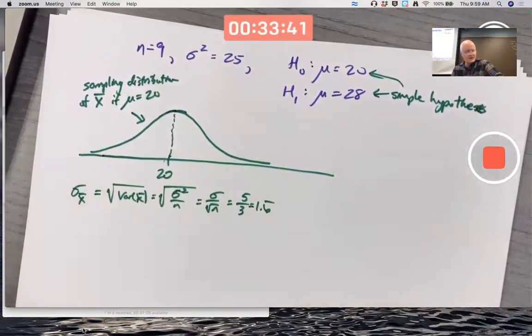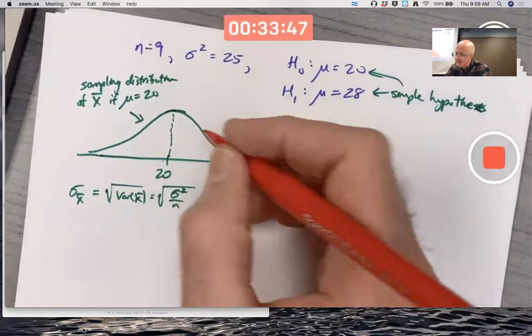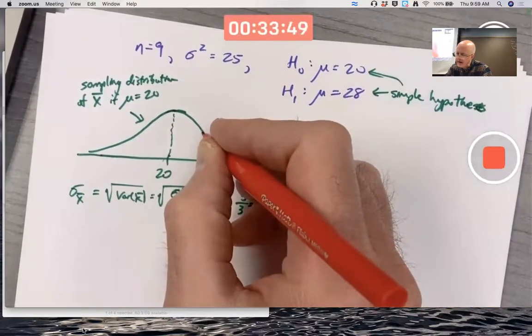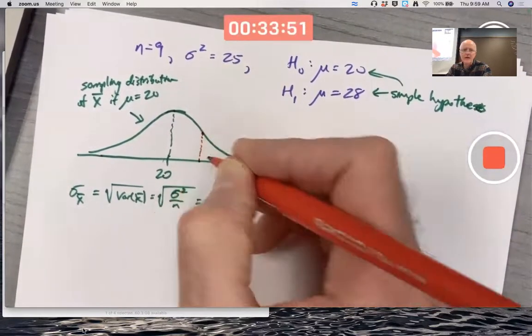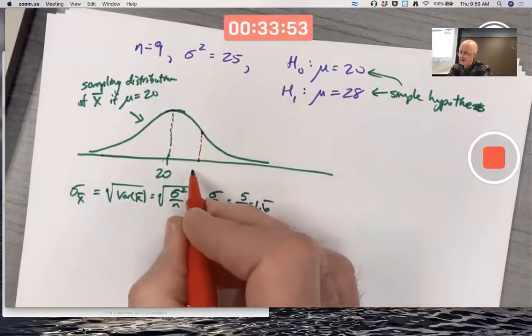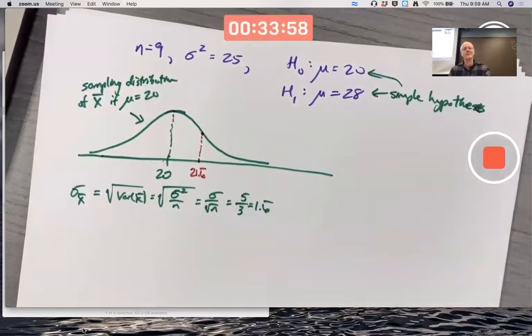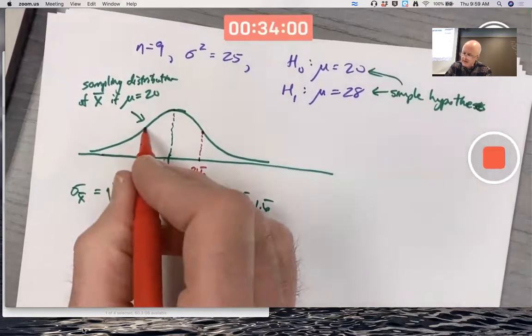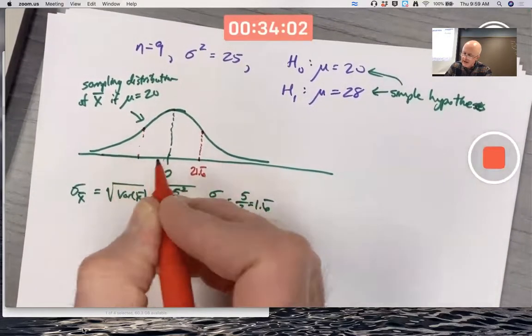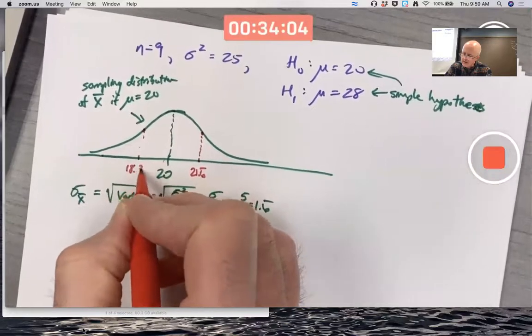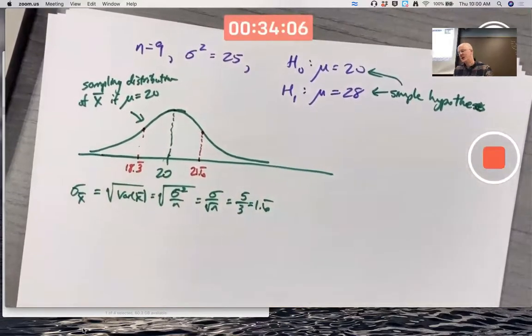So if I'm trying to make the picture extra accurate, and it looks like the book didn't make it as accurate as they could have, this inflection point right there is going to be at 21.6 repeating, and this other one down here is going to be at 18.3 repeating. Just trying to make the picture a little more accurate.